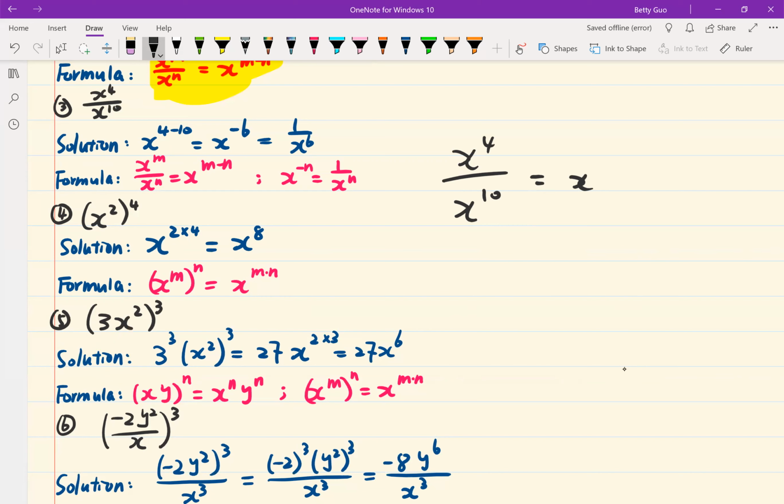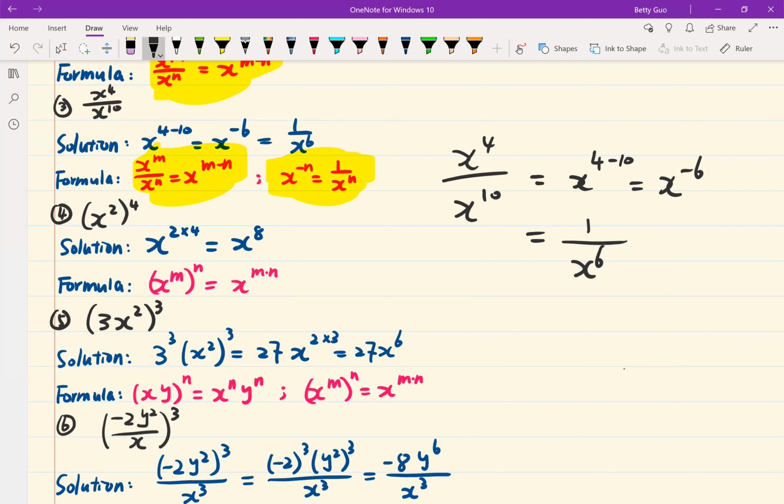We use the exponent in the numerator minus the exponent in the denominator. 4 minus 10, negative 6. To get rid of the negative exponent in the expression, we use 1 over x to the power 6. So number 3, we apply 2 formulas. One is the quotient rule. The other is the negative exponent formula.